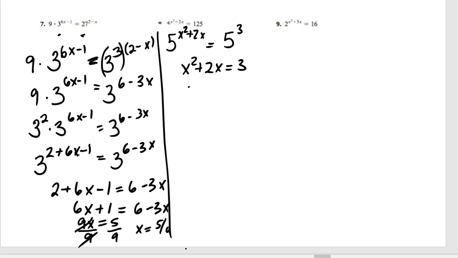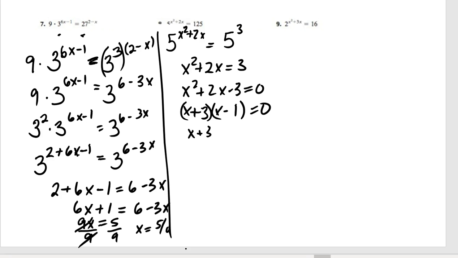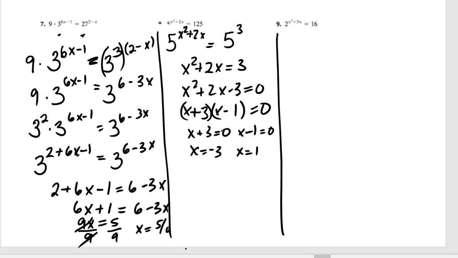Now this is a quadratic, and we know with quadratics, we want to have them equal to 0. So we can maybe try using the factor property or the quadratic formula. I'm going to try the factor property because I believe you can factor here. And I'm going to get x plus 3 is equal to 0, and x minus 1 is equal to 0. So x is equal to negative 3, and x is equal to 1.